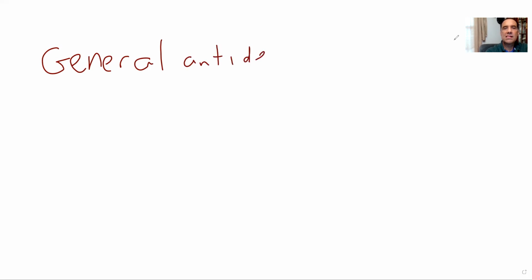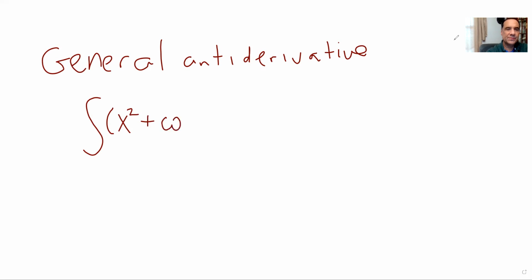So you're going to be given problems where you're going to have to find a general antiderivative. This is a situation where you are given a polynomial, or for that matter any kind of function, it doesn't have to be a polynomial.